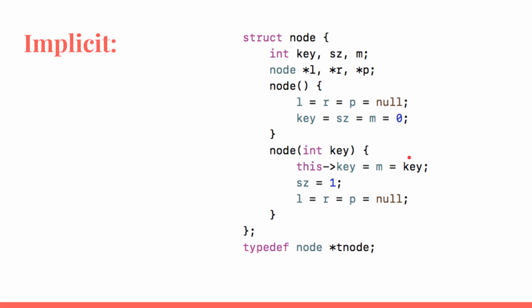Okay, let's continue. In implicit splay tree, we are not going to compare the keys. For each vertex, we will be able to get its location based on the number of vertices to the left.